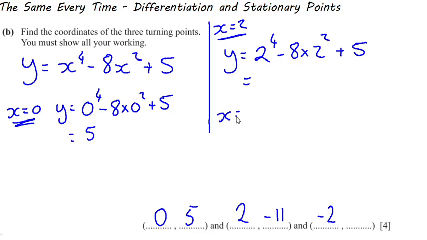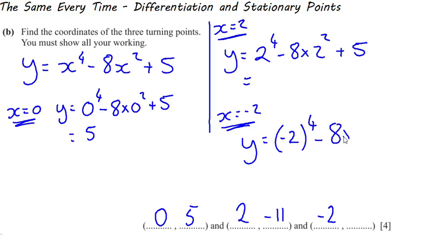Then my final y value would be from x equals negative 2, so y equals negative 2 to the power 4 minus 8 times negative 2 squared plus the 5. Well, that actually gives me exactly the same y value, so that gives me negative 11 as well.